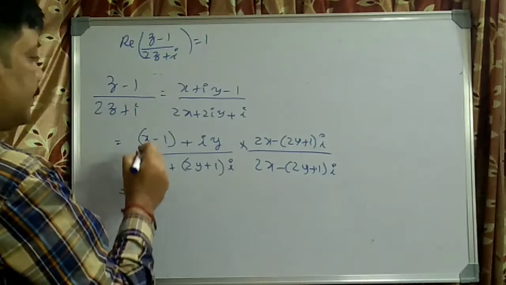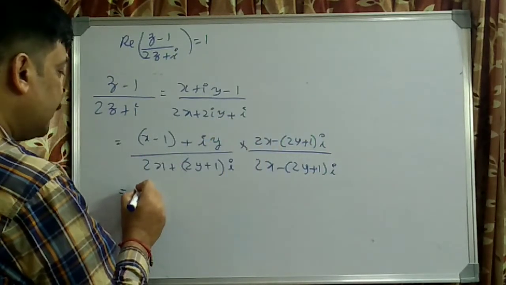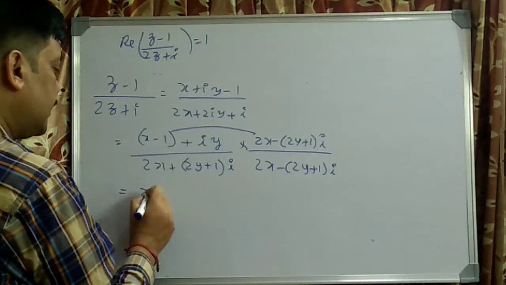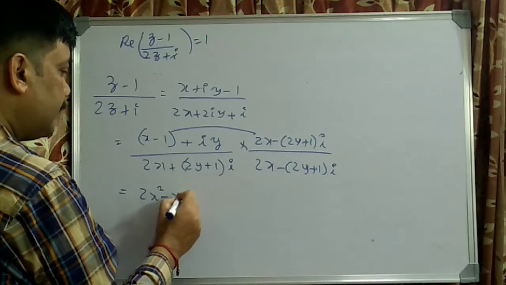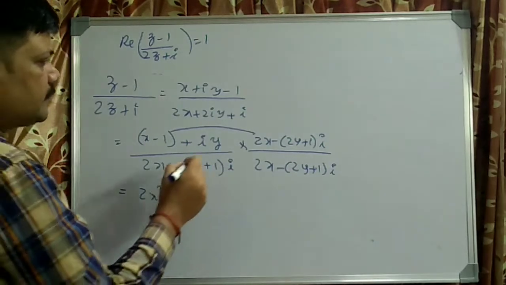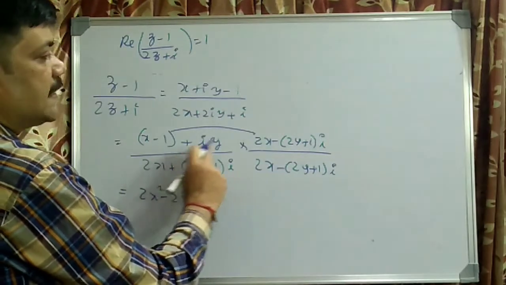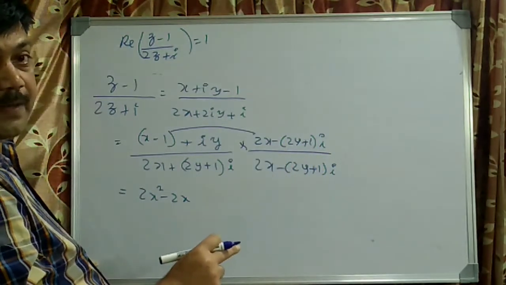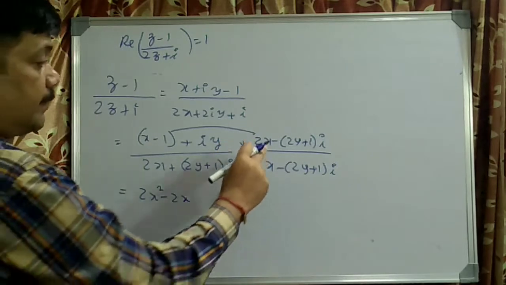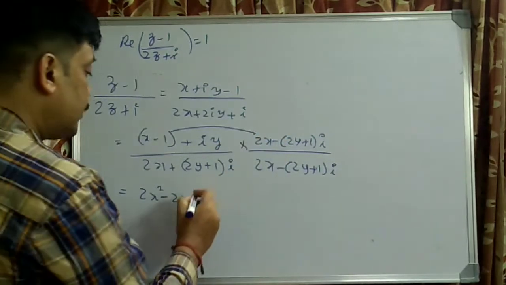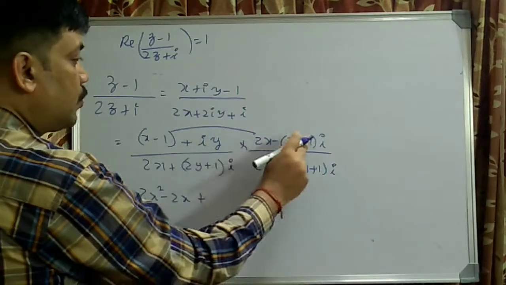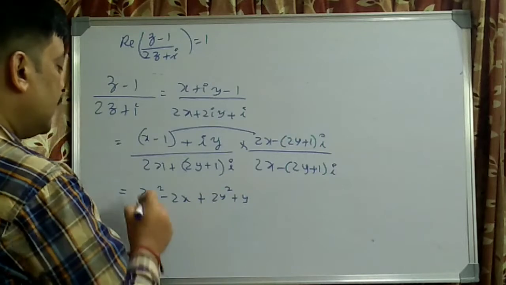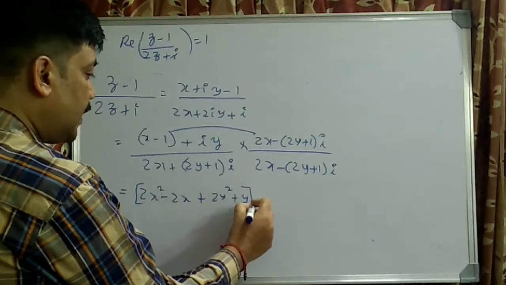So multiplying real part to real part, that is 2x multiplied to (x minus 1). What I have here is 2x square minus 2x. Again, you can see plus i into i is minus i square. i square is minus 1. So minus i square is plus 1. So I have plus y into (2y plus 1), which is 2y square plus y. This total part is without i.